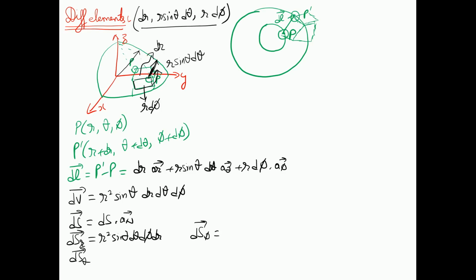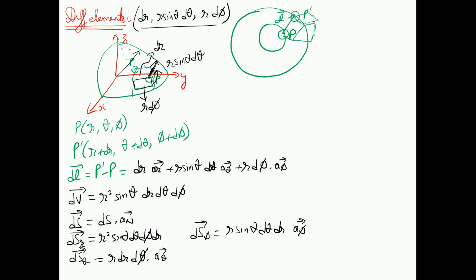Then differential area for theta comes out to be r dr d phi into a theta, and the a value for phi comes out to be r sine theta dr into a of phi. So these are the values of the differential elements whenever we are dealing with the spherical coordinate systems.